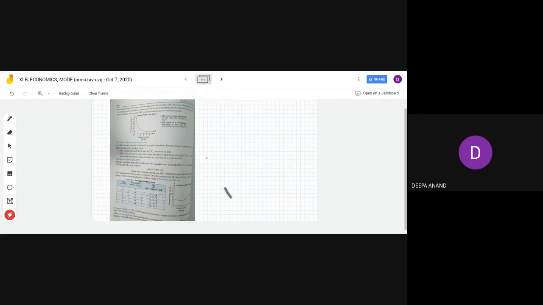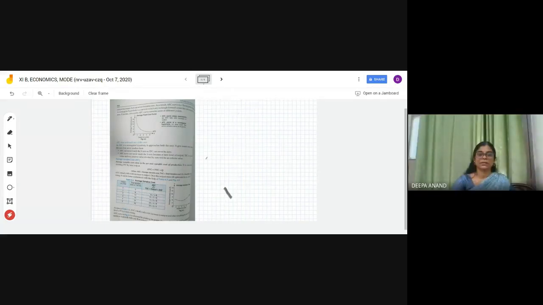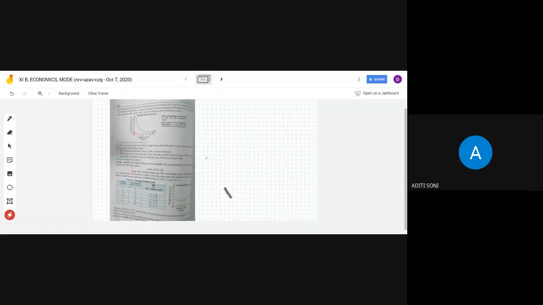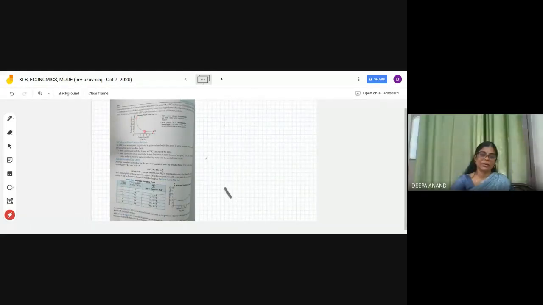What is this shape called? Rectangular hyperbola. Exactly. This is a rectangular hyperbola.